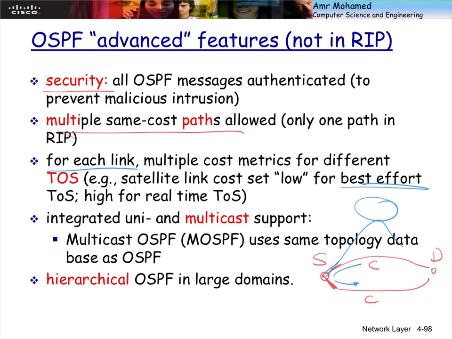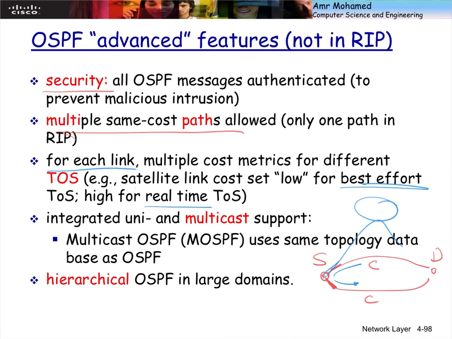So if I have an application that supports best effort, for example web browsing, the satellite cost will be low, which encourages the routing protocol to use this link for this particular application. Because the cost is low, selecting satellite communication for an application that is tolerant and supports best effort, like web browsing, is perfectly fine.